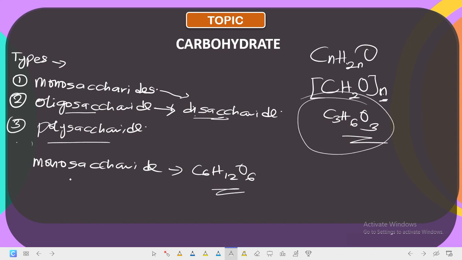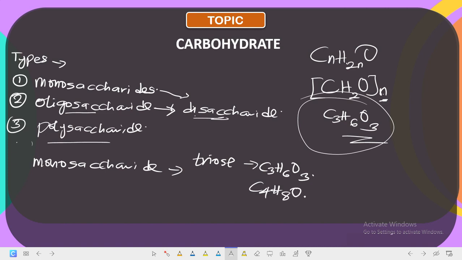So monosaccharides are the simplest carbohydrates. And under the monosaccharide, you have the trioses. The trioses are the ones that have 3 carbons. According to the calculation here, they have C3H6O3. Then we have the tetroses. Tetroses are those that have 4 carbons, so we have C4H8O4.